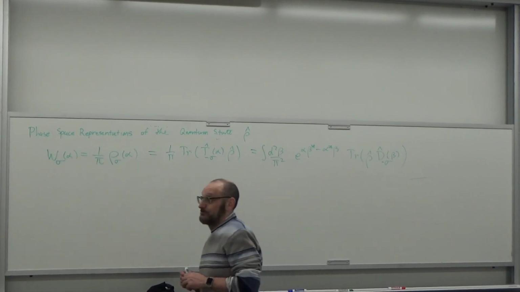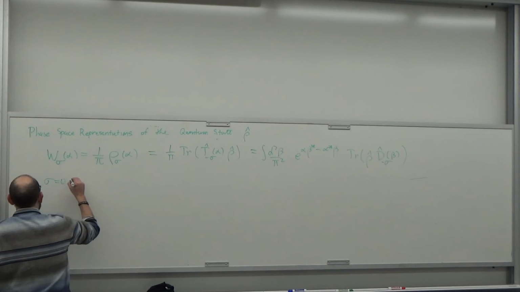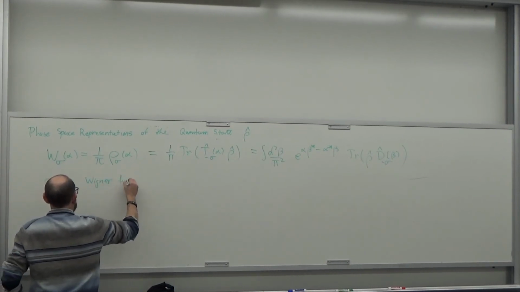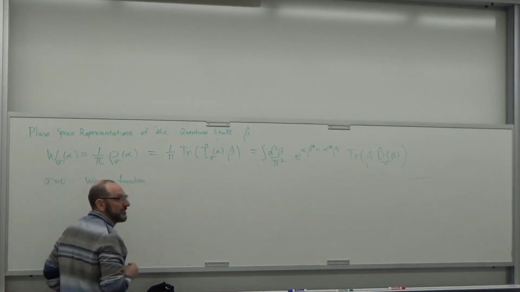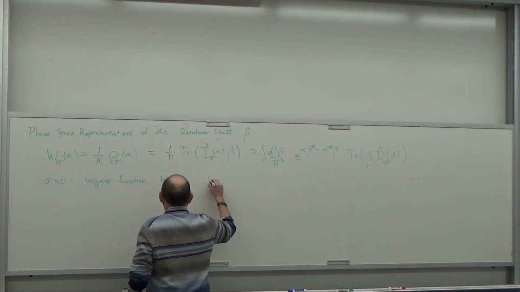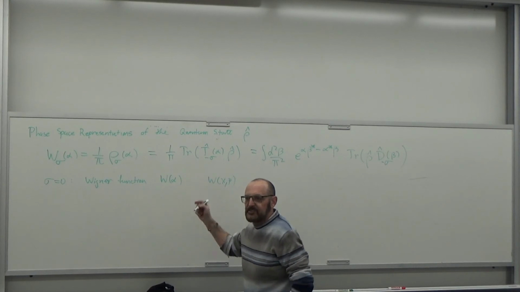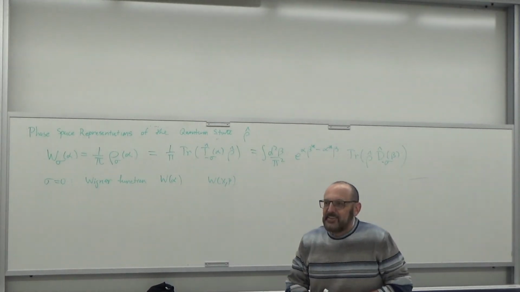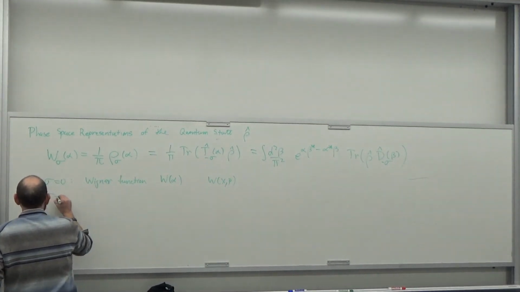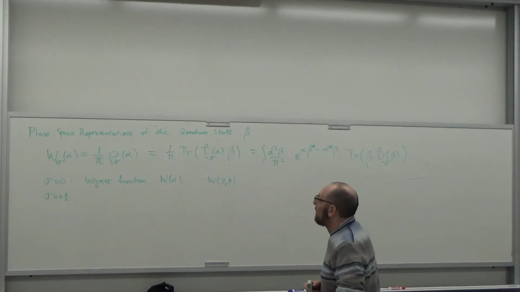They have names. When sigma equals 0, we call this the Wigner function. And we usually just call it W of alpha or W of x and p, although there's factors of 2 in their normalization because of the stupid square roots of 2's in there. When sigma equals plus 1, that's the normally ordered representation.